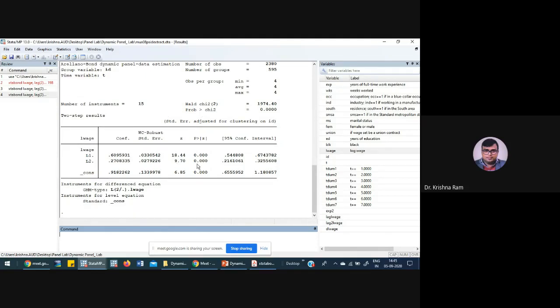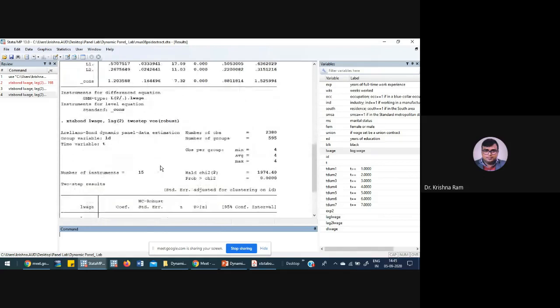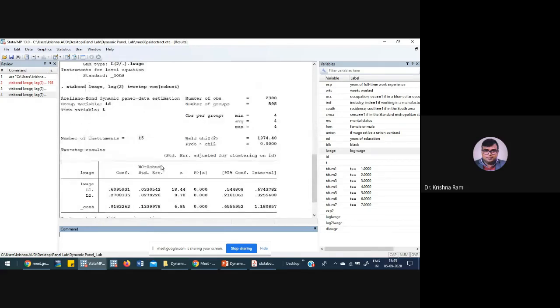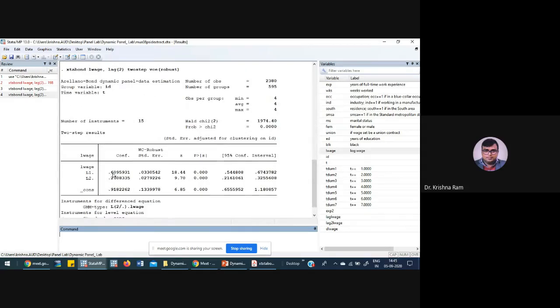Now we can compare the difference that we are getting from 1-step and 2-step. So if you have a look at the coefficient values, now you are having coefficient values 0.60 and 0.27. Again, both of these are statistically significant.